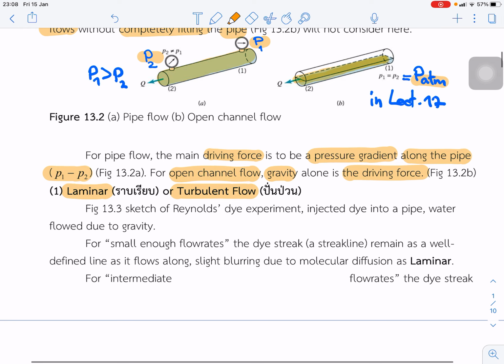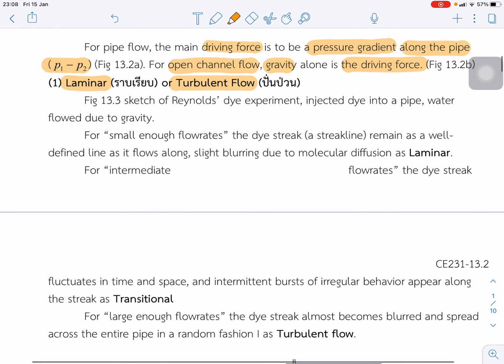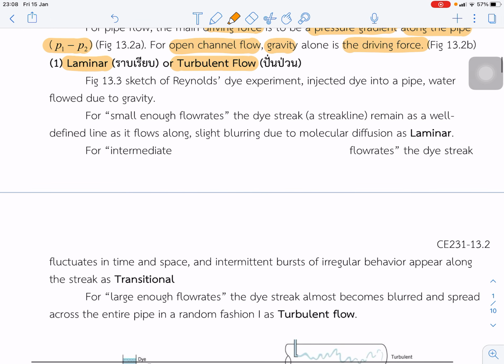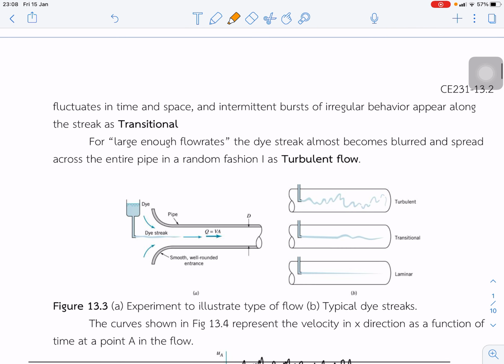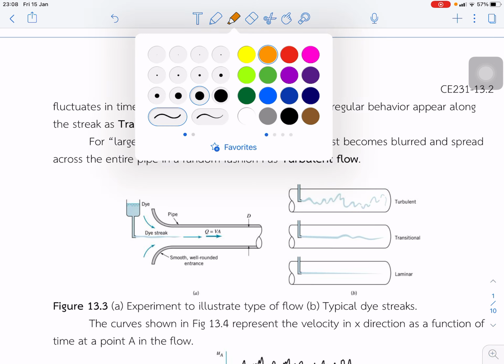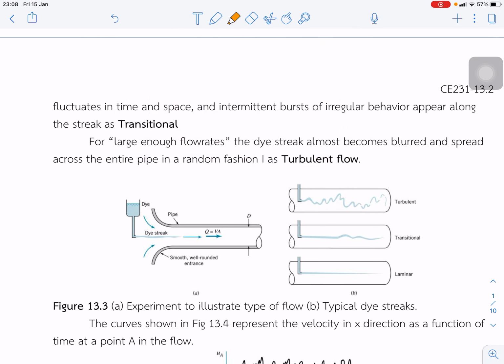The figure below shows a sketch of the Reynolds dye experiment. Inject dye into the pipe and the water flows due to gravity. You can see that we inject dye at this point.